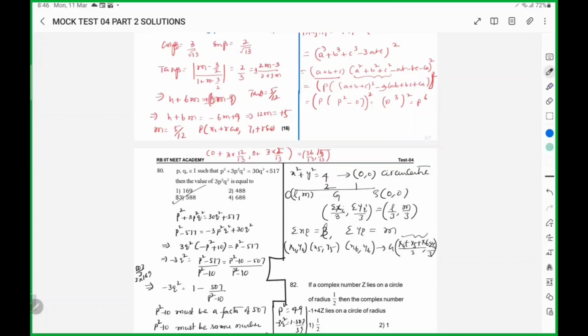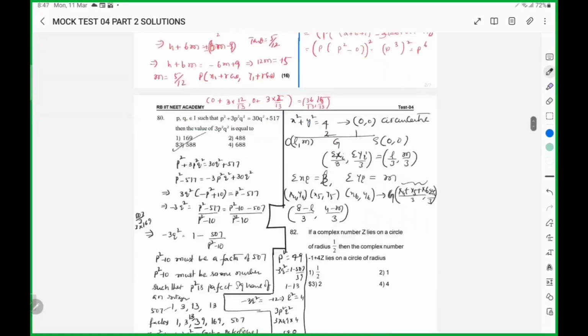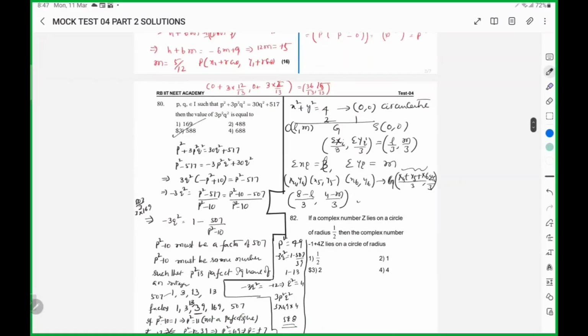So this x4 plus x5 plus x6, the sum of them is given as 8. 8 minus L, again here 4 minus M by 3. So here one point is L comma M, the other point is this.